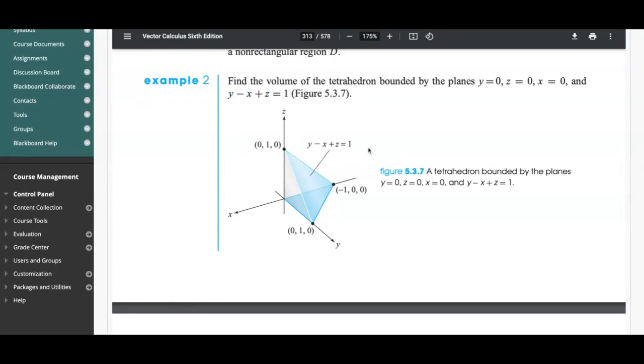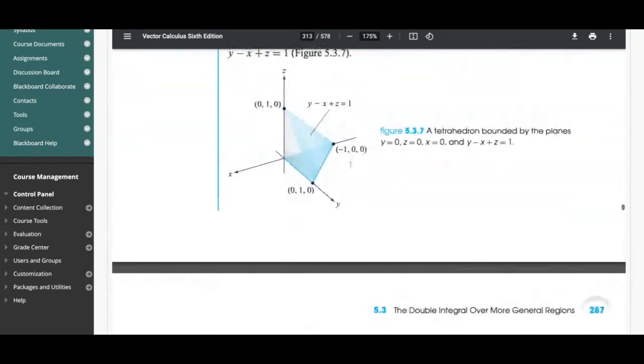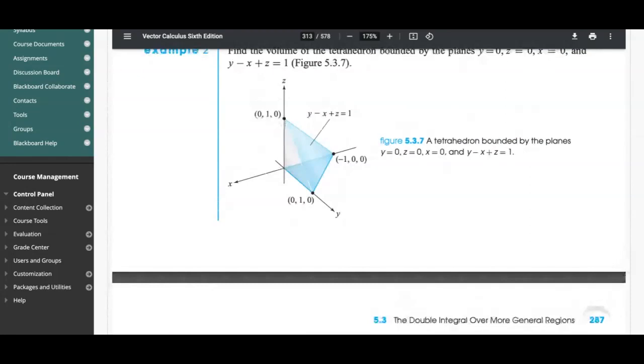All right. So the picture is this tetrahedron.